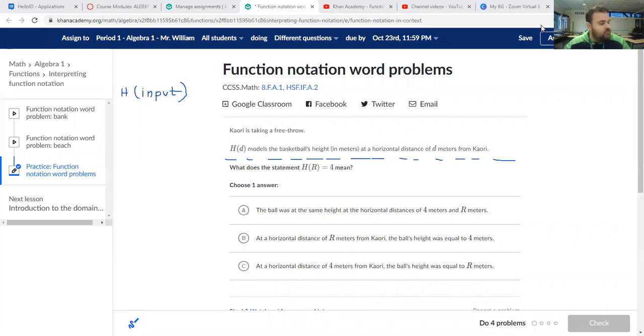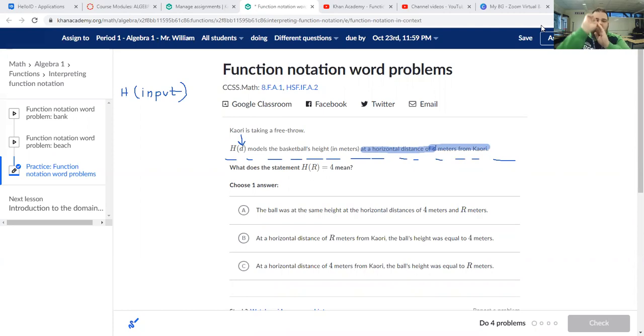So when we have H of R, what we're saying is R is the input value, okay? We're inputting R into this function. Let me go back up here and relate to it over here. If D is the input, D stands for, and I'll highlight it with blue, the horizontal distance of D meters from Corey.